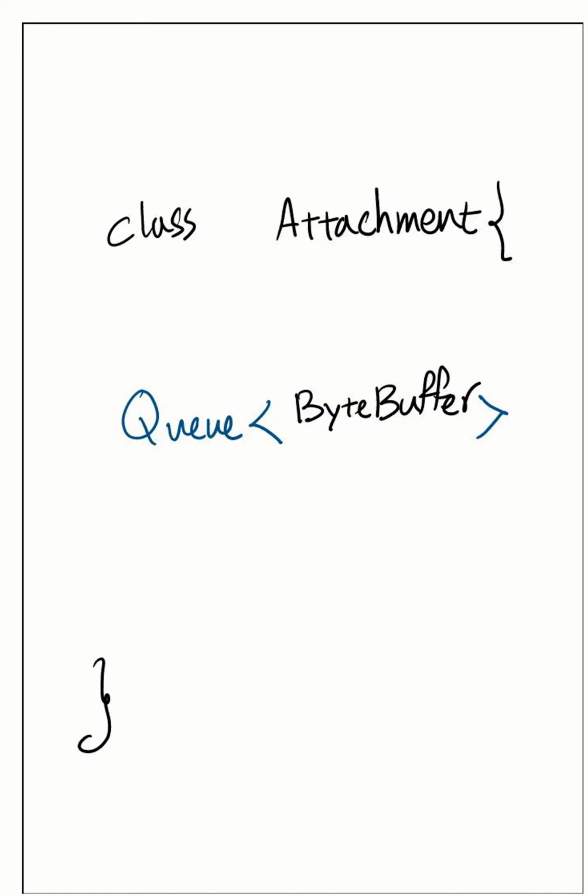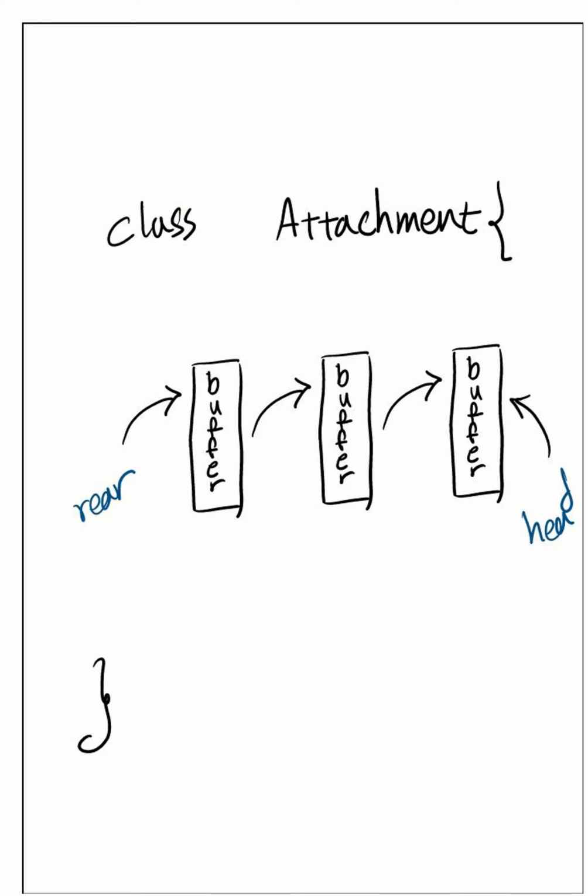We can start with a queue of byte buffers. You might want to consider maintaining a queue of byte buffers that you want to read or write, depending on your use case. For example, every time your read callback has finished, you might want to enqueue the byte buffer carrying the data that was read.